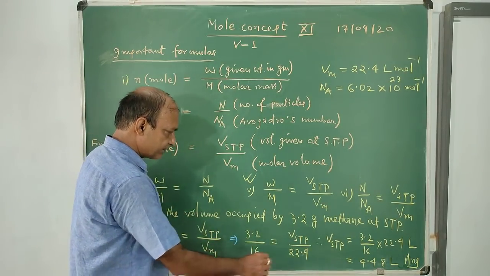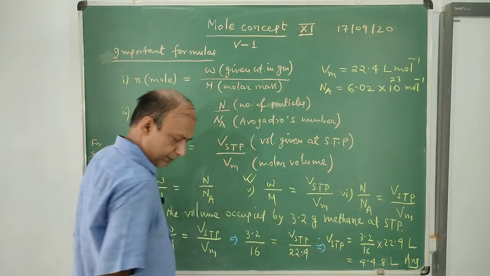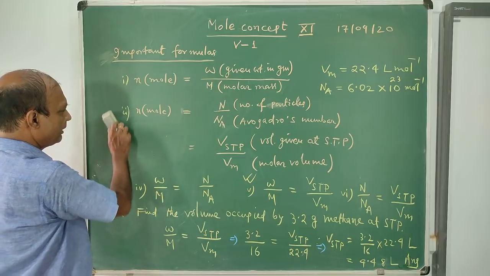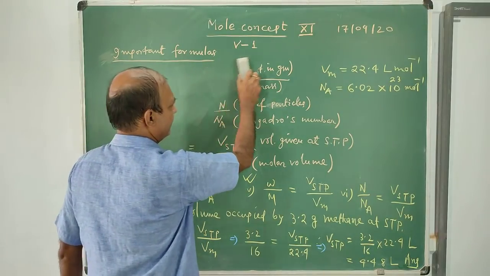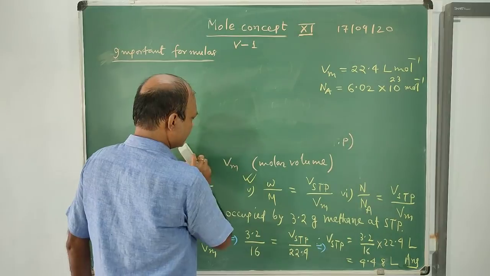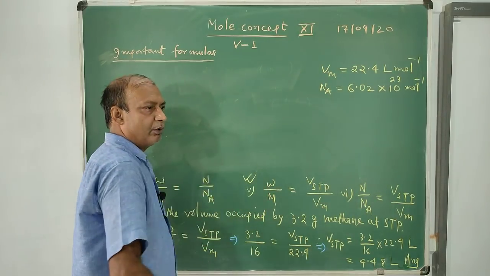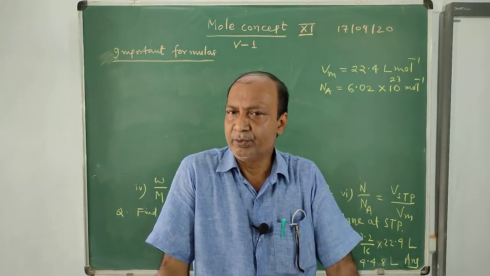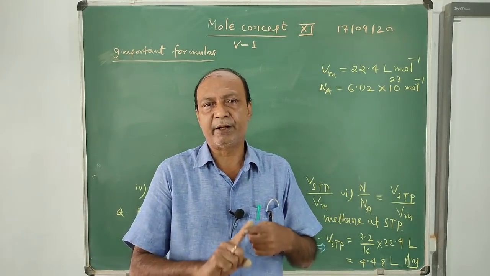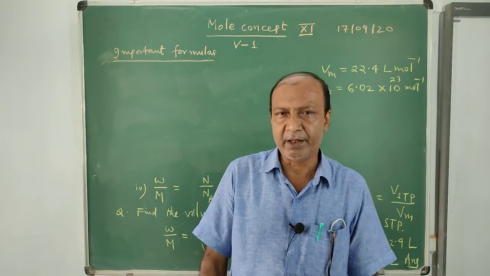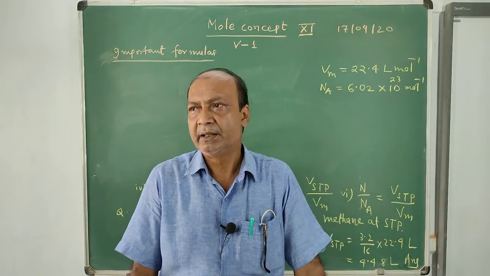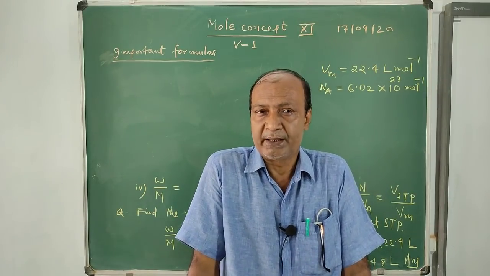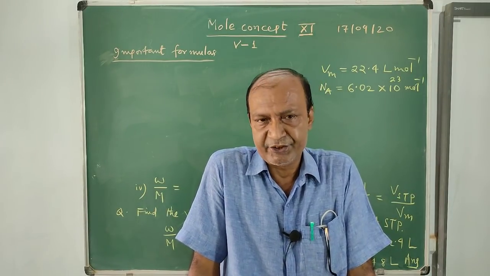So let us take another example to solve a basic problem of mole concept. As you know, mole is a versatile unit. It can be related with amount, with number of particles, and with the volume of a gas or vapor at STP.